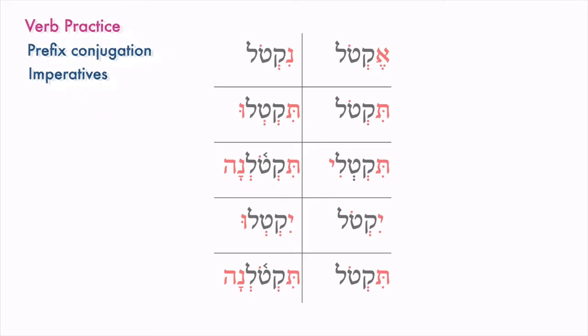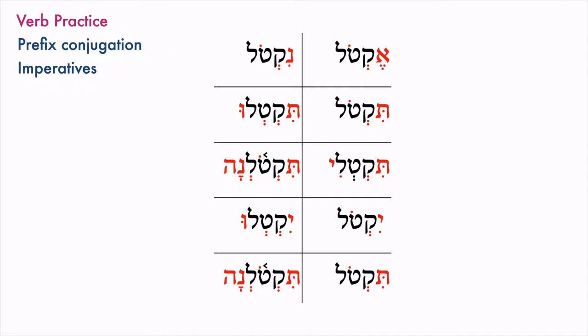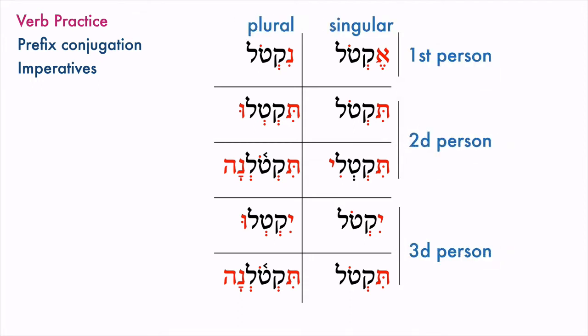So to begin with, let's get our prefix conjugation chart up here, and you can see that we have the singular and plural, we have first, second, and third person, and we're going to focus on the second person, but just for some review, we have the first person singular, ektol, I will kill, plural, niktol, we will.